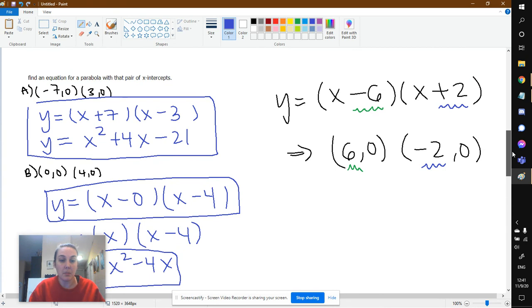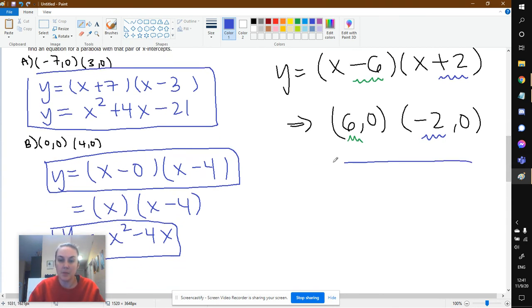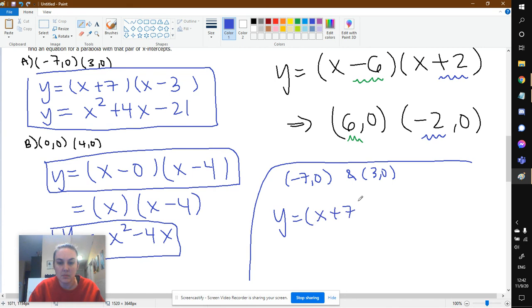The fun part about going backwards, and this is kind of where the worksheet stops, but here's a fun fact. The fun fact about going backwards is if I have -7 and 3, I also could have made these factors x plus 7, and 2x minus 6. Right? Basically taking this factor and multiplying it by 2.